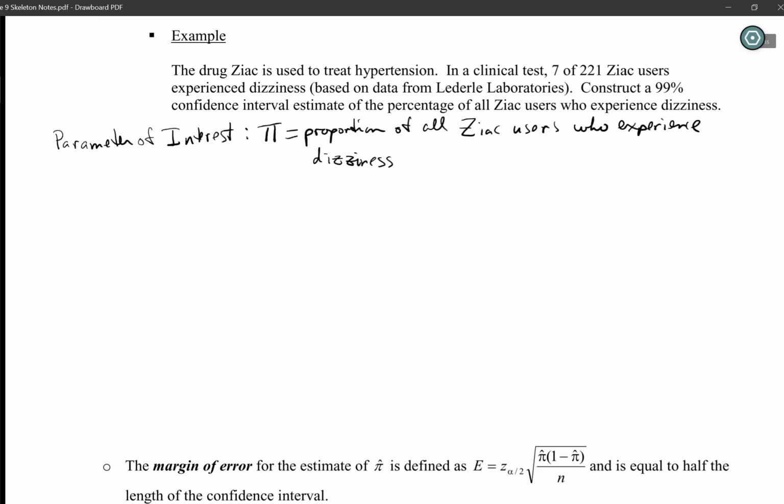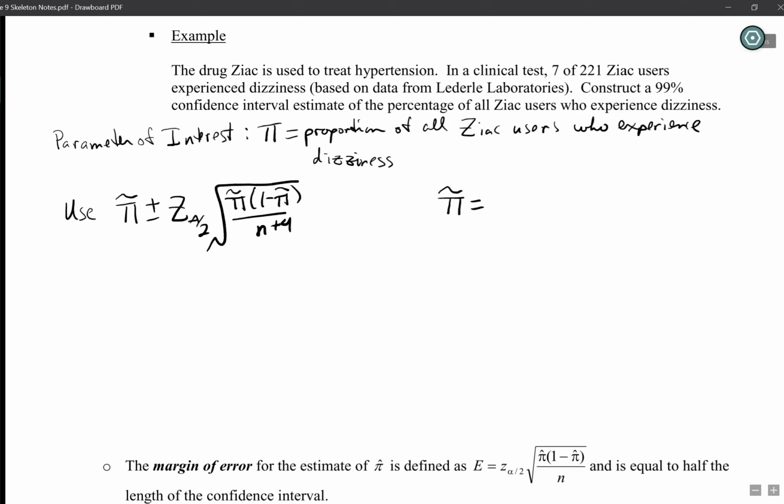So I'm going to use the adjusted interval. I'm going to have pi tilde plus or minus z sub alpha over 2 times the square root of pi tilde times 1 minus pi tilde over n plus 4. What I'm going to need first is this pi tilde quantity. If you look at the formula for it, it's y plus 2 over n plus 4.